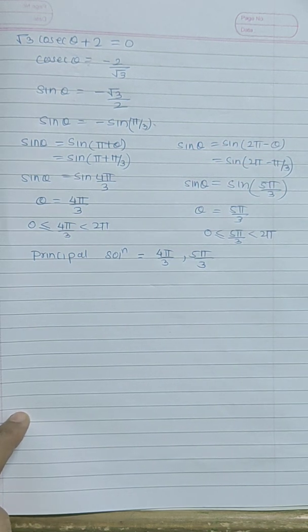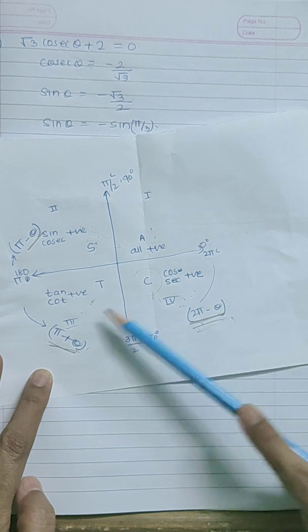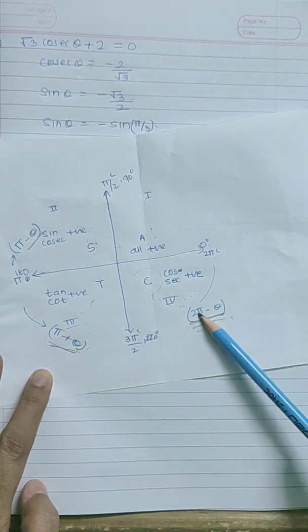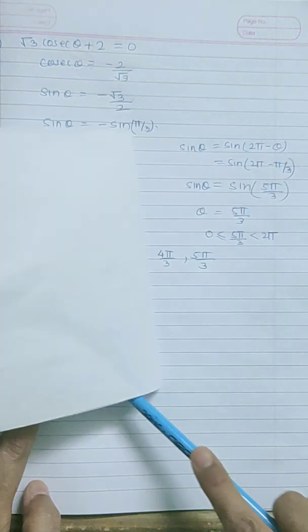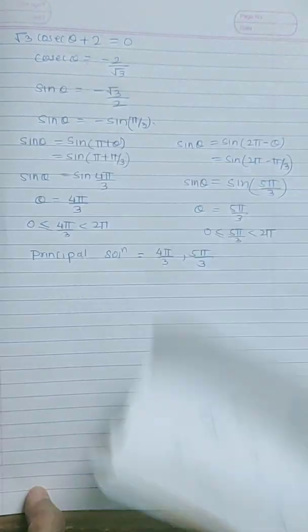In the first quadrant all are positive. In the second quadrant sine is positive, so we cannot take this. So in the third and fourth quadrant the sine value is negative. So we will take pi plus theta and 2 pi minus theta. These are the two allied angles.